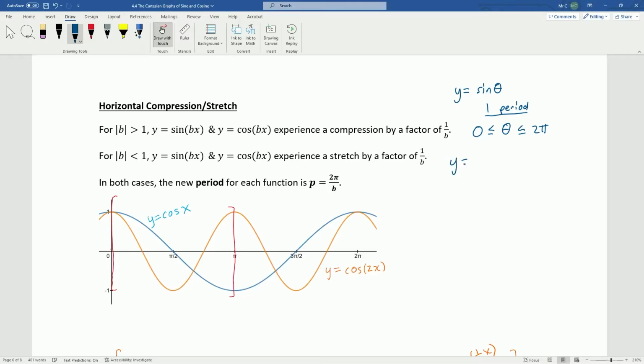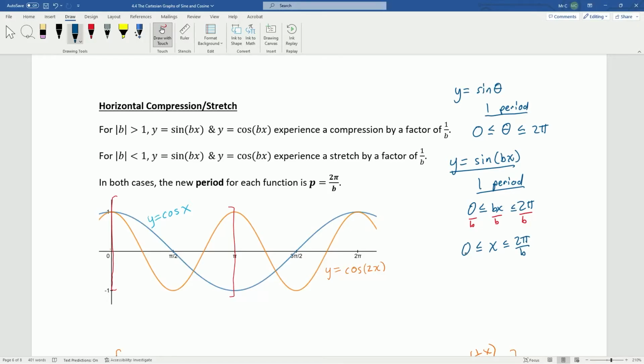So if I take y equals sine of b times x, the key thing is that one period is still the distance for my input to go from 0 to 2 pi. The difference is that my input now is b times x instead of just theta. So if I divide everything by b here, what do I get? I get x is between 0 and 2 pi over b.